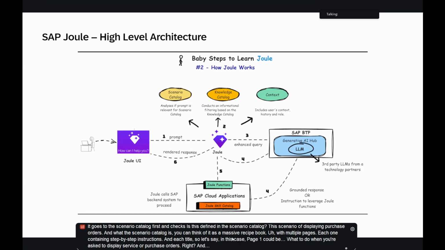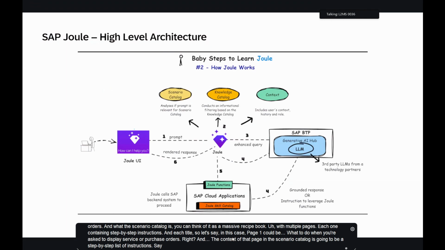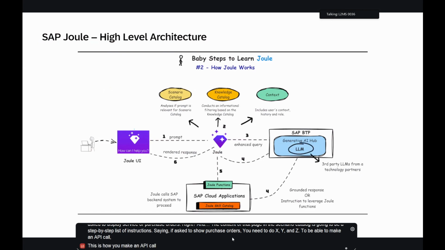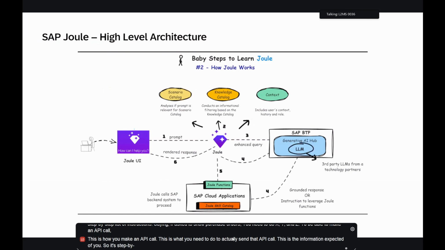And the content of that page in the scenario catalog is going to be a step by step list of instructions saying if asked to show purchase orders, you need to do X, Y, and Z to be able to make an API call. This is how you make an API call. This is what you need to do to actually send that API call. This is the information expected of you. So it's step by step instructions.